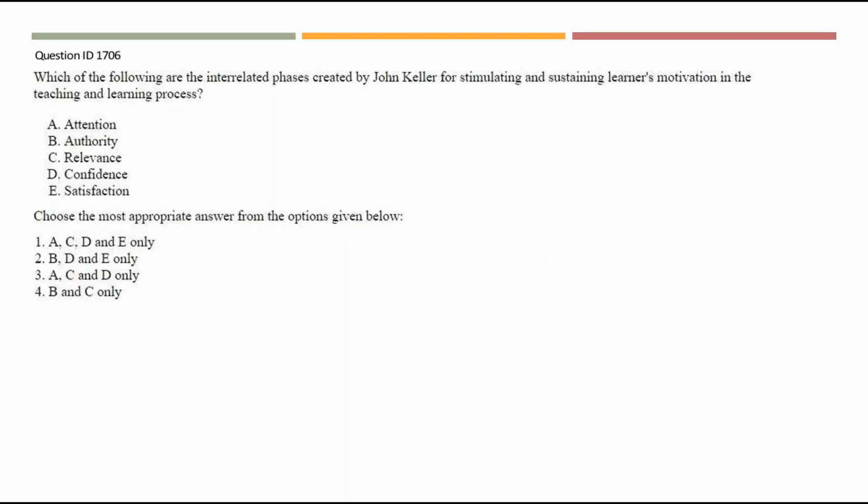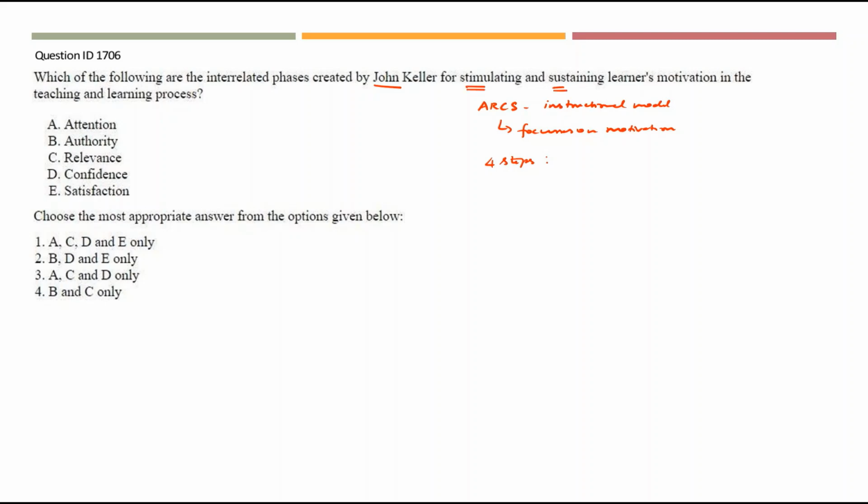Which of the following are the interrelated phases created by John Keller for stimulating and sustaining learners' motivation in the teaching and learning process? ARCS. This is an instructional model developed by John and this focuses on motivation. They have given 4 steps for promoting and sustaining motivation in the learning process.